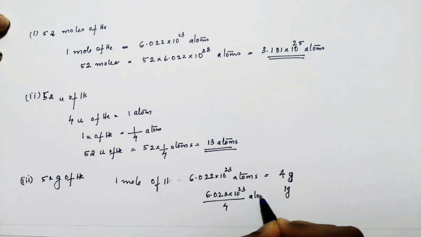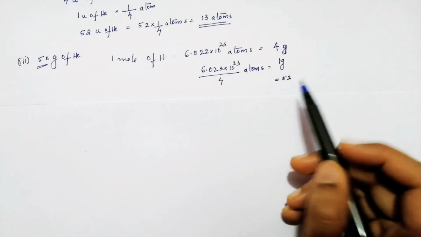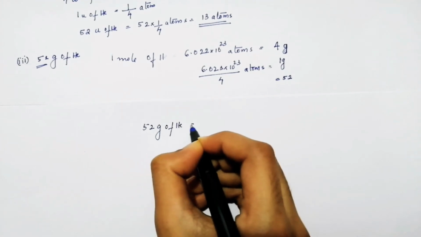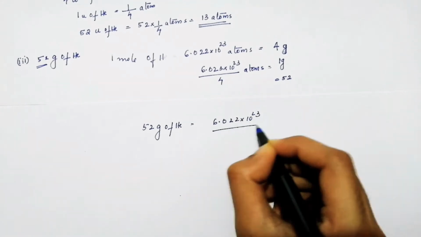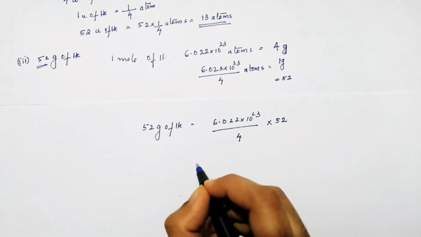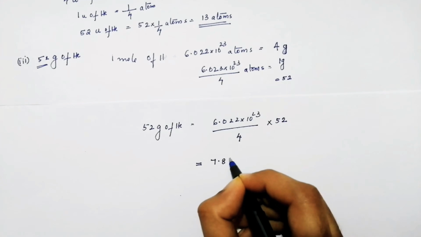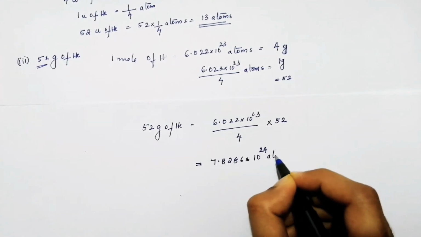So these many atoms are present in the case of 1 gram. Now in the question we are asked to calculate for 52 gram. So we can say 52 gram of helium is equal to 6.022 into 10 power 23 atoms divided by 4, that is for 1 gram, into 52. Solving this we get 7.8286 into 10 power 24 atoms.